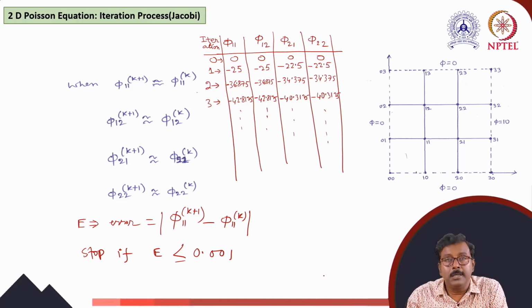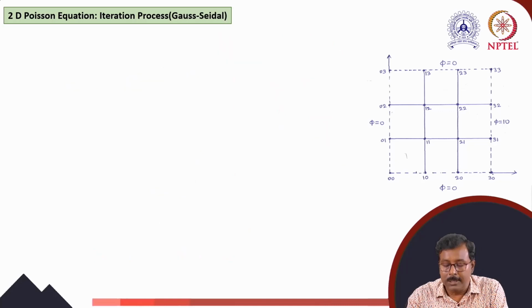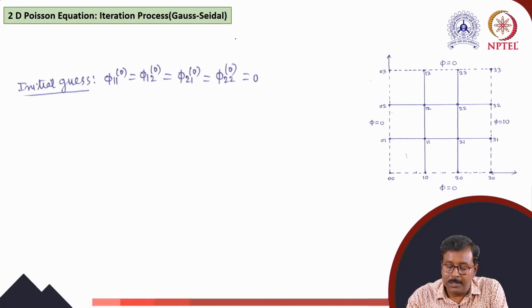Now let us consider the Gauss-Seidel method, and there also you observe how the iteration goes on. Again we start from the equations N9, N10, N11 and N12 with the initial guess.